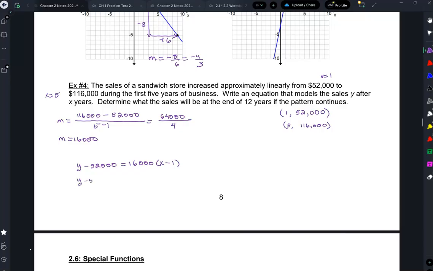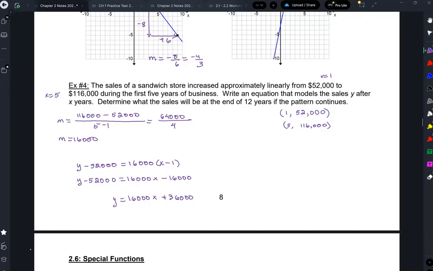So y minus 52,000 equals 16,000x minus 16,000. And then if I add 52,000 to this, 52 minus 16 is 36. So y equals 16,000x plus 36,000. Now, if you're given something like this on a non-calculator quiz or test, the numbers will be a little bit more manageable.